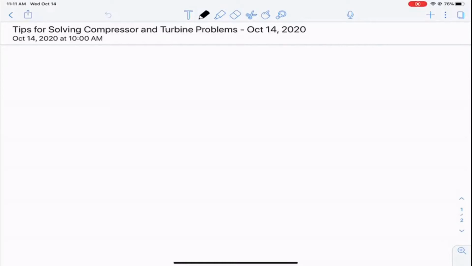And when I'm confronted with a compressor or turbine problem, for me, the first step is to always solve the isentropic case.